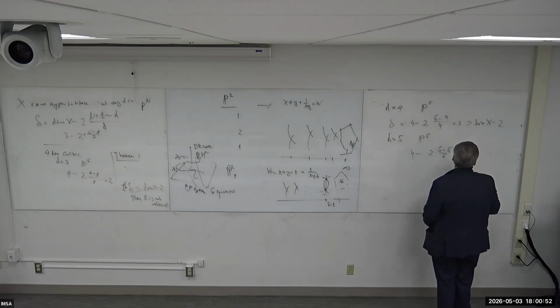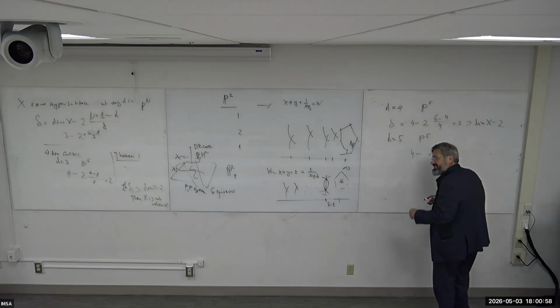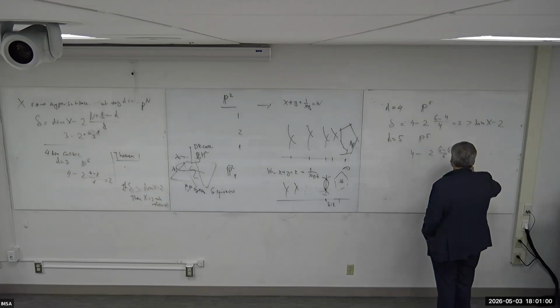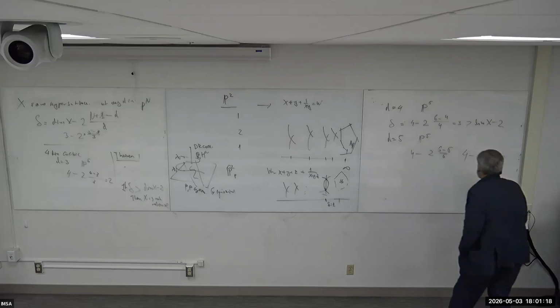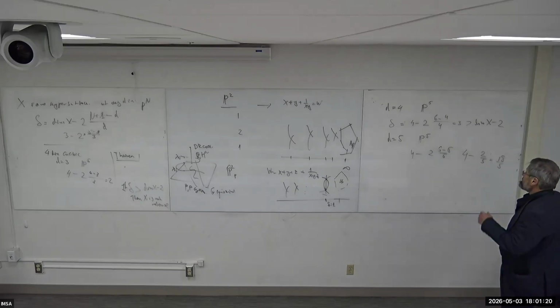It grows with degree. So we have 4 minus 2/5, so it's 18/5.